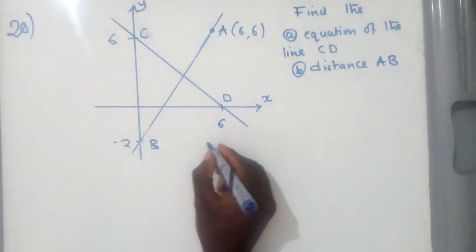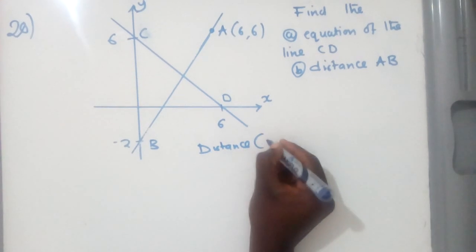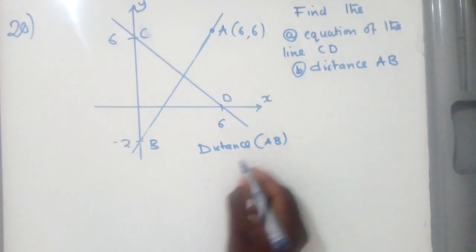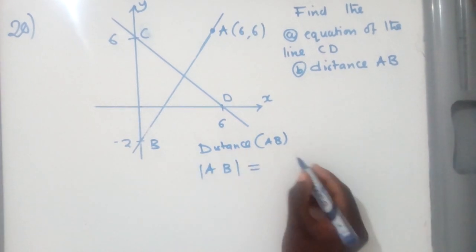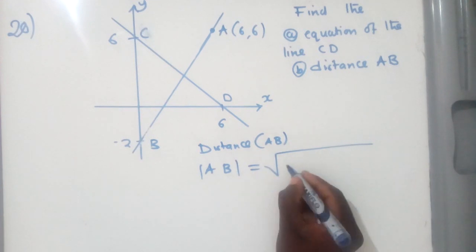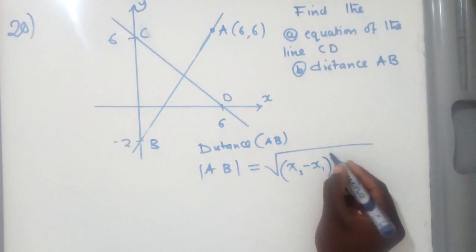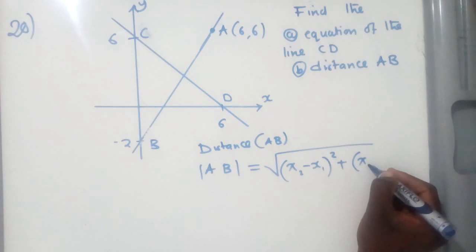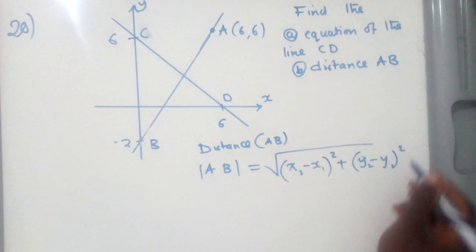So the formula for finding distance: the modulus of AB is equal to the square root of (x sub 2 minus x sub 1) squared plus (y sub 2 minus y sub 1) squared.